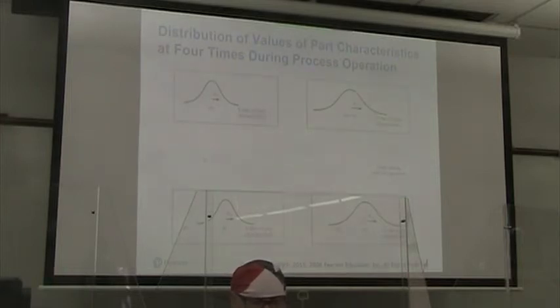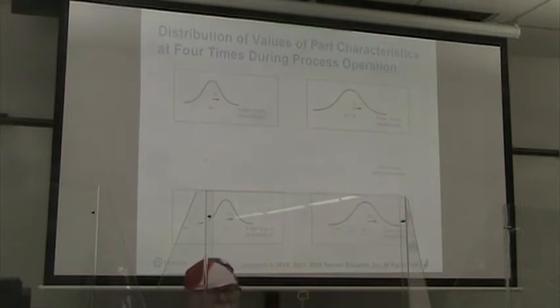Then at time 1, we have a different, where is the cursor? Cursor. All right, there's the cursor. We have our mean sub 1, our standard deviation sub 1 for the value at time 1.